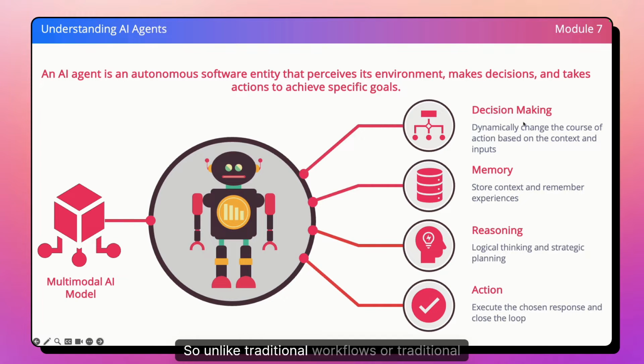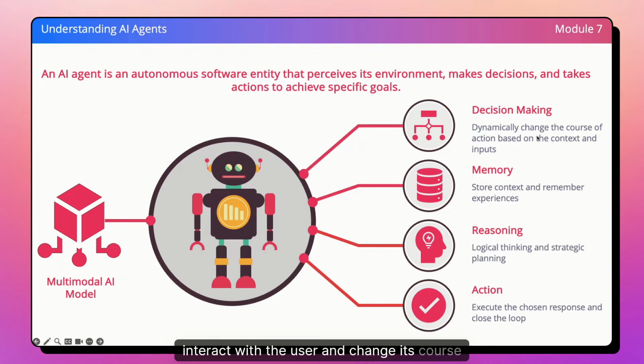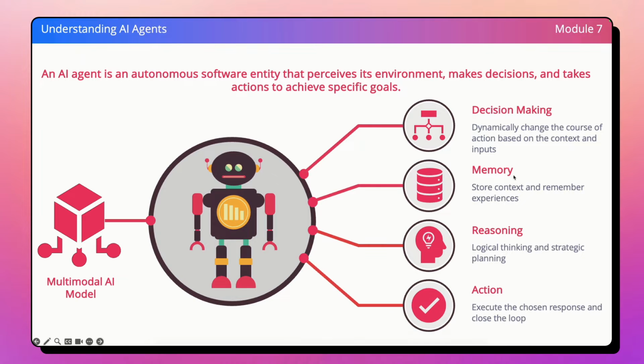So unlike traditional workflows or traditional programs that are based on if-then conditions, an agent can perform decisions dynamically and even change the course of action based on the context and inputs. It can interact with the environment, interact with the user, and change its course based on the inputs that it is getting.